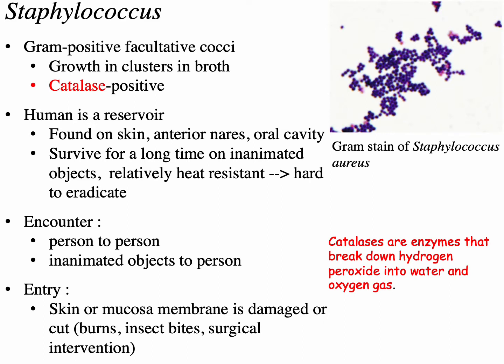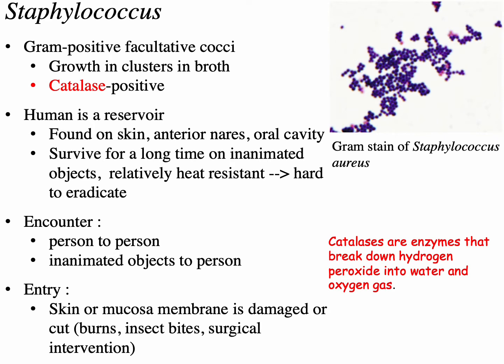Typically this organism stays on the skin or the mucosal surface. In the oral cavity, it stays on the mucosa, or in the upper respiratory tract, like the nasal area, it stays on the mucosal surface. On the hands and body, it stays on the skin.